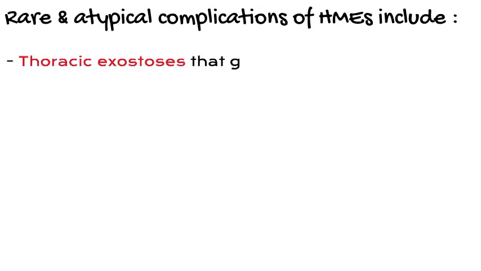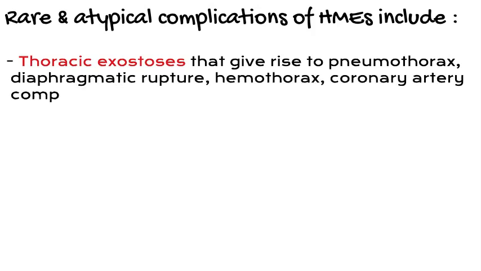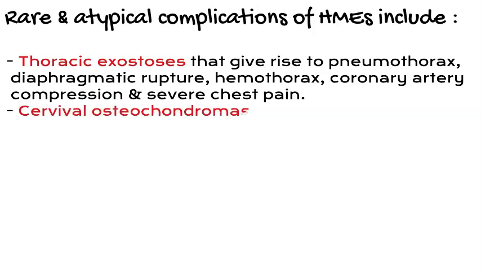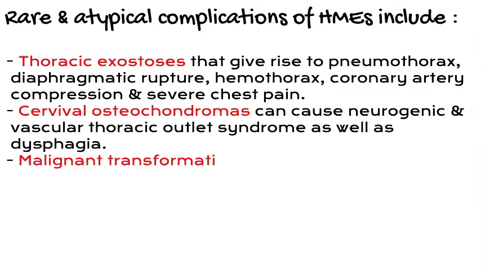A rare and atypical complication of MHEs includes thoracic exostosis that gives rise to pneumothorax, diaphragmatic rupture, hemothorax, coronary artery compression, and severe chest pain. Cervical osteochondromas can cause neurogenic and vascular thoracic outlet syndrome as well as dysphagia.